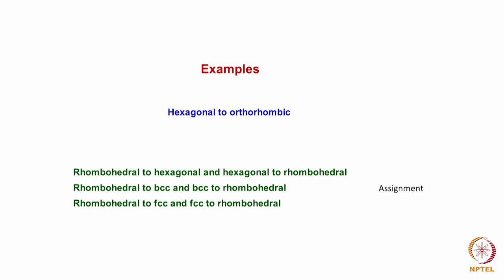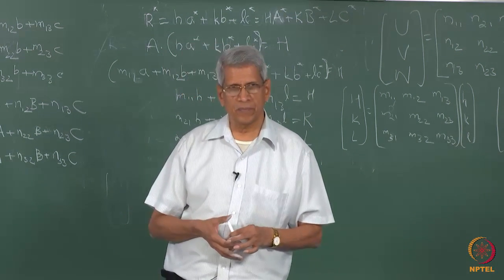Here what I will consider is to go from a hexagonal to an orthorhombic system. Why do we have to do it? Quite often we find that when we are using a hexagonal system, the 3-index system is not convenient. We go for a 4-index system, but we are more used to using a 3-index system, right?